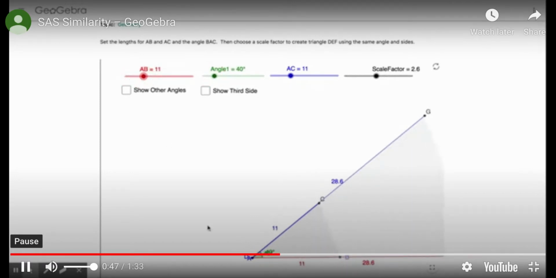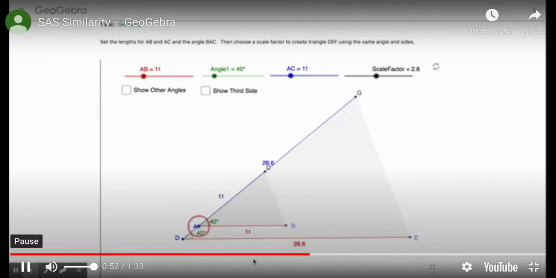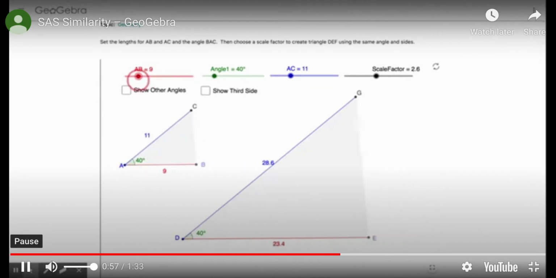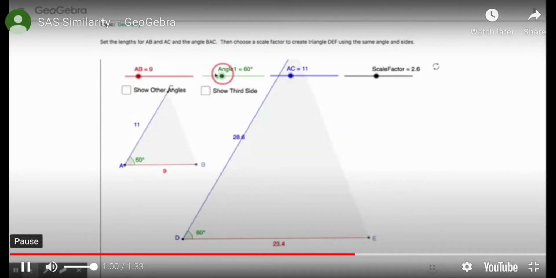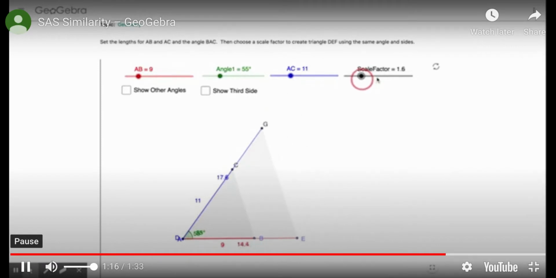If we change the side lengths, this is still true. We slide, and then change the scale factor to 1 to show that we can map one triangle onto the other triangle, which tells us that these triangles are similar.